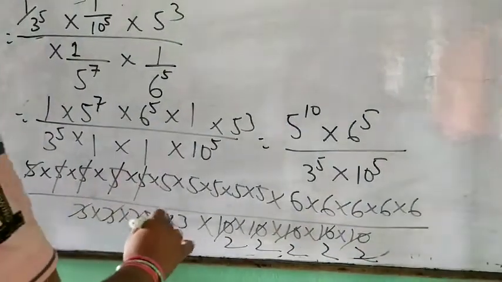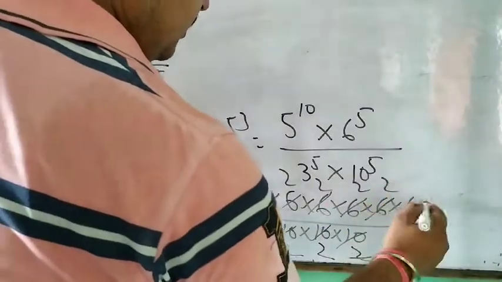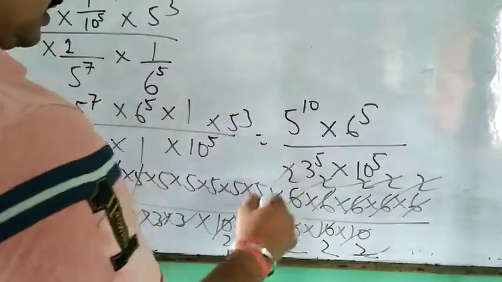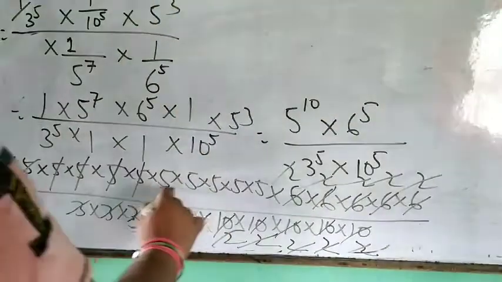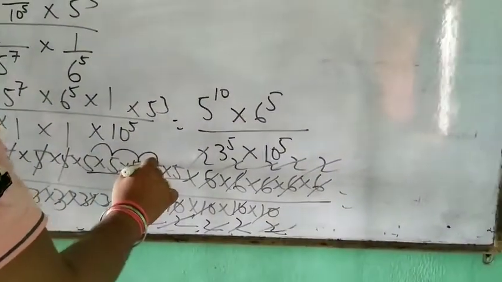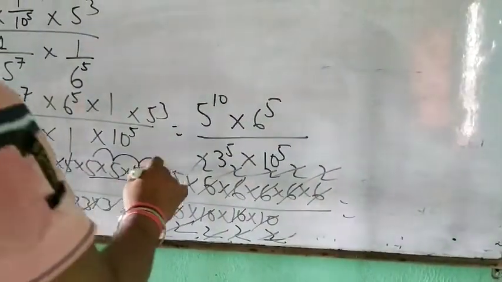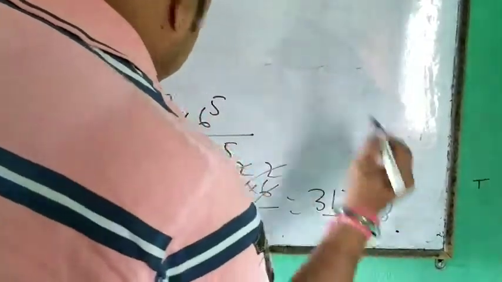The 3s and the 2s cancel. So your result is 5 into 5 into 5, 5 fives are 25, 125, 625, 3125. That means 3125, and that's your result.